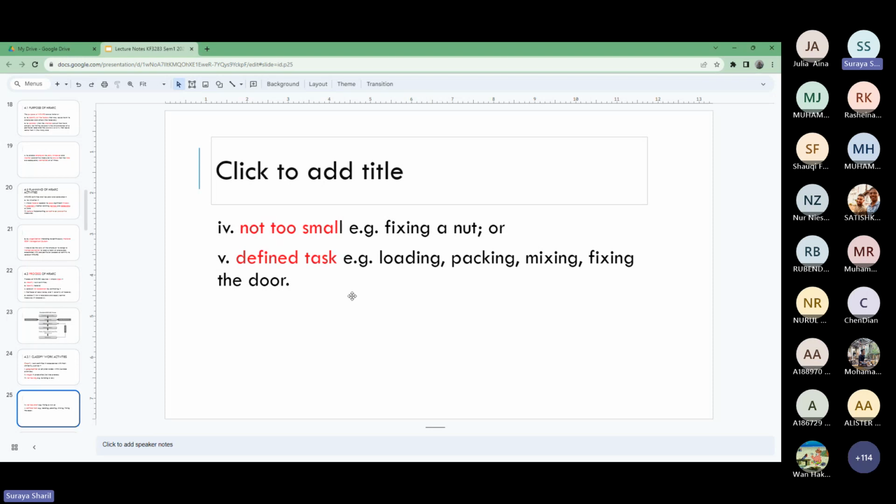And we define the task: loading, packing, mixing, fixing the door.